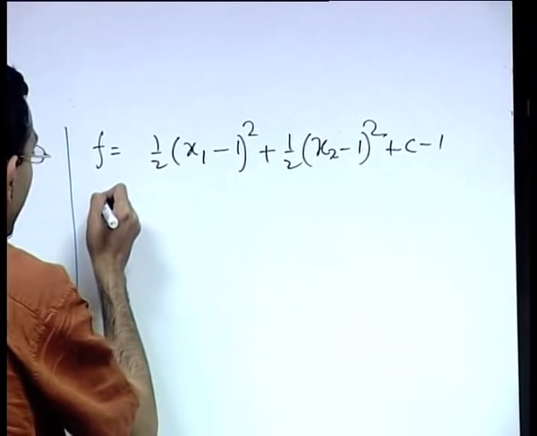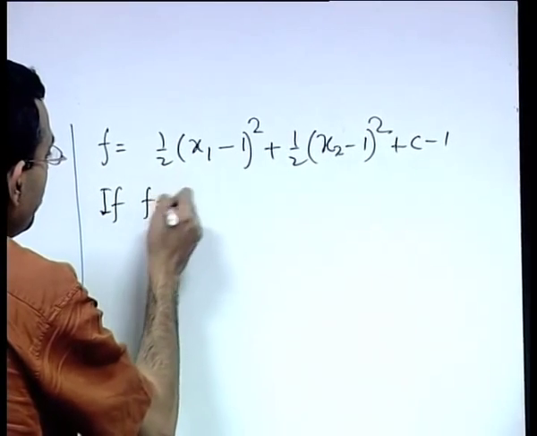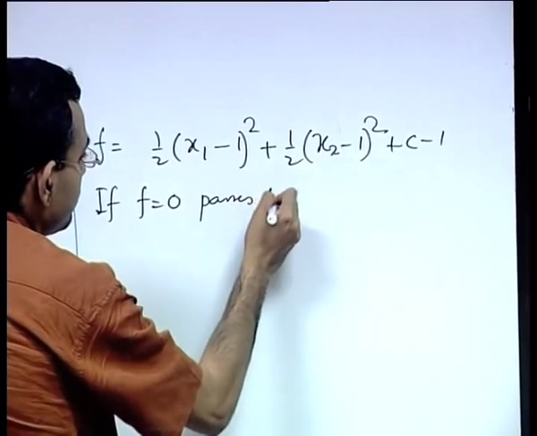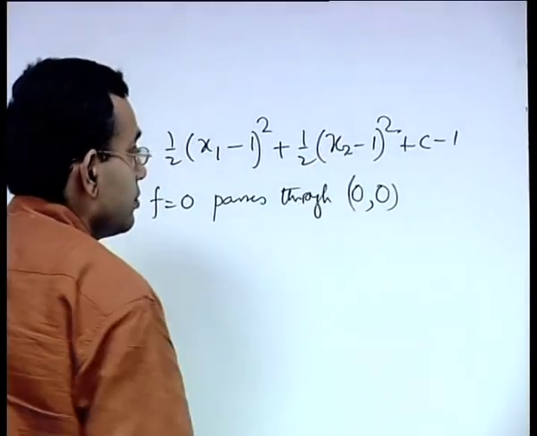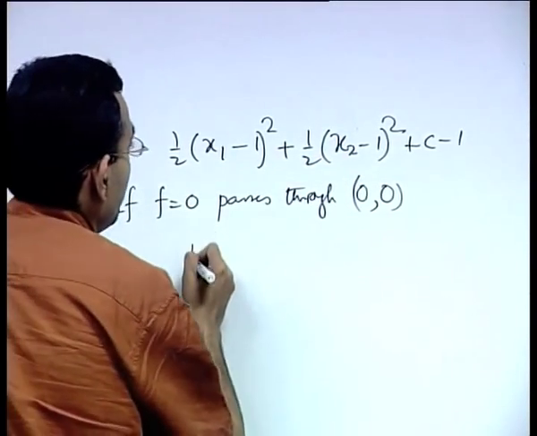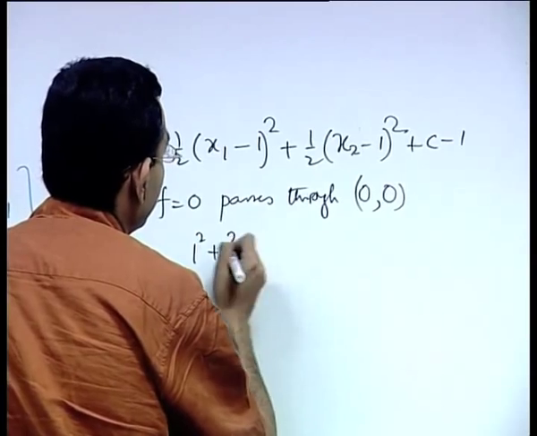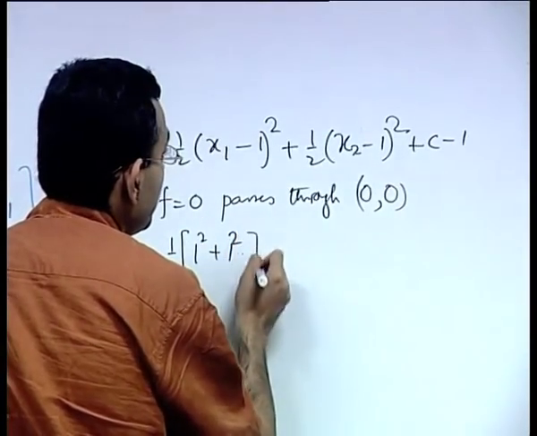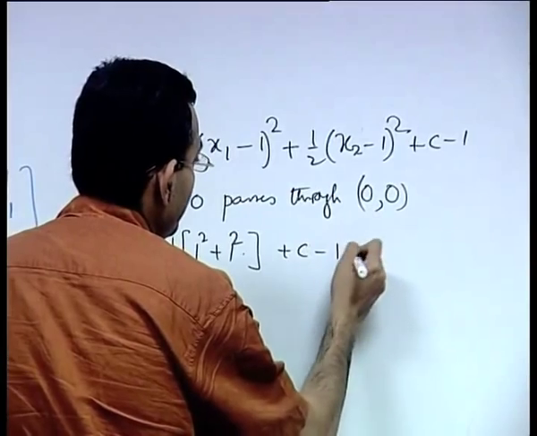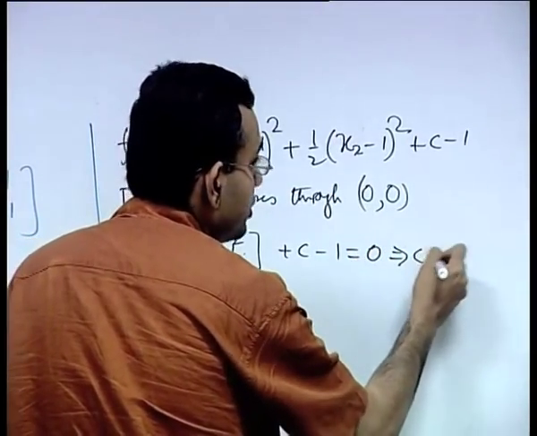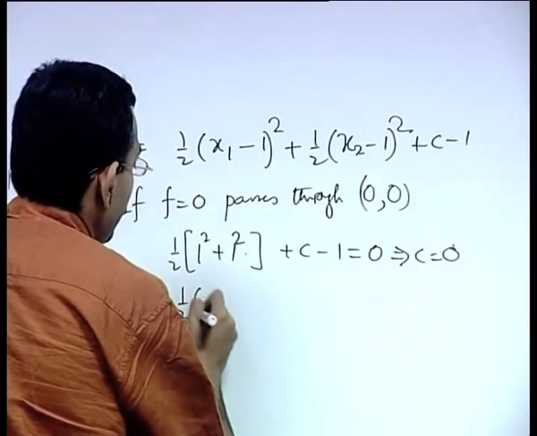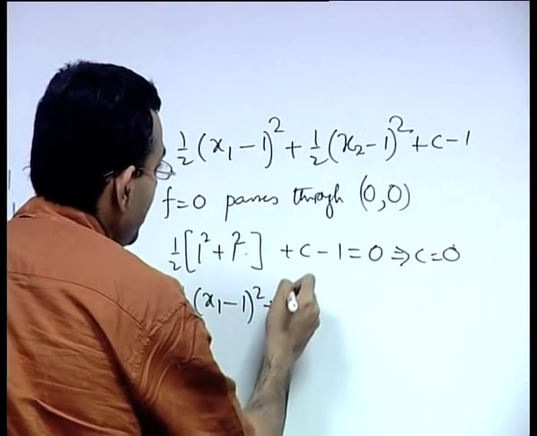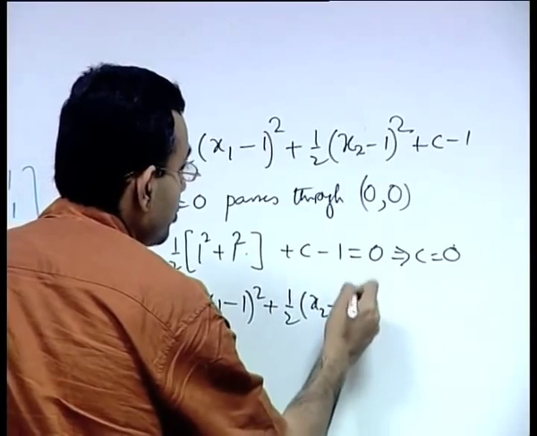So if f equal to 0 passes through 0 comma 0, which is your initial starting point, then you have half into 1 square plus 1 square plus c minus 1 is equal to 0. That means c equal to 0. So then you have half of x1 minus 1 whole square plus half of x2 minus 1 whole square is equal to 1.